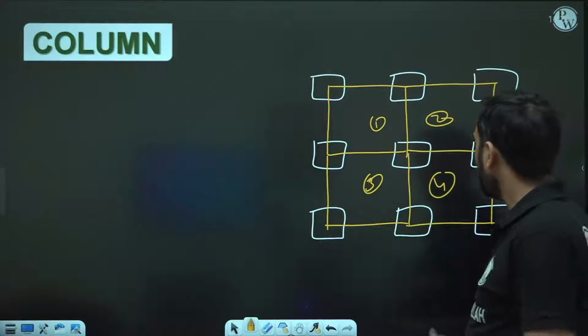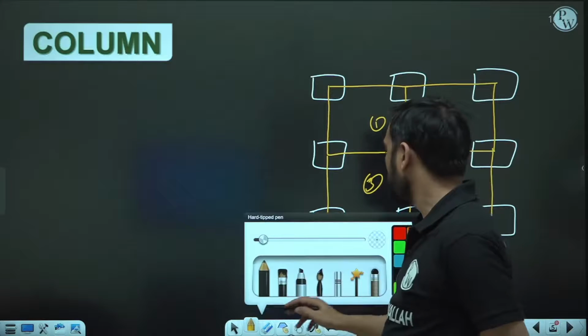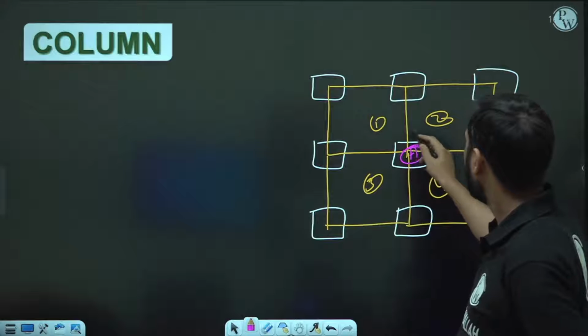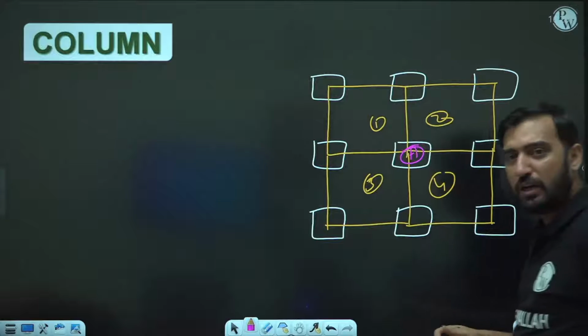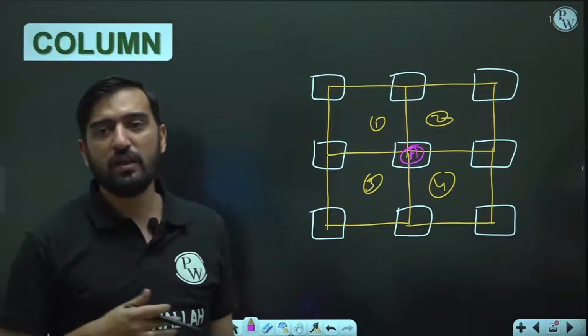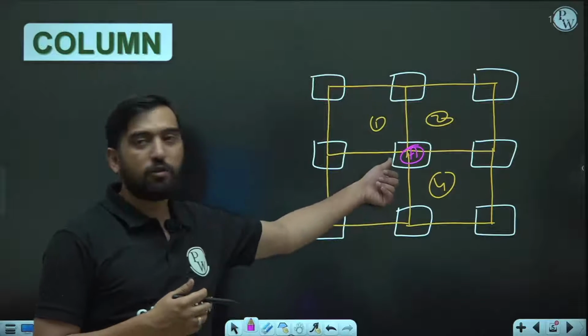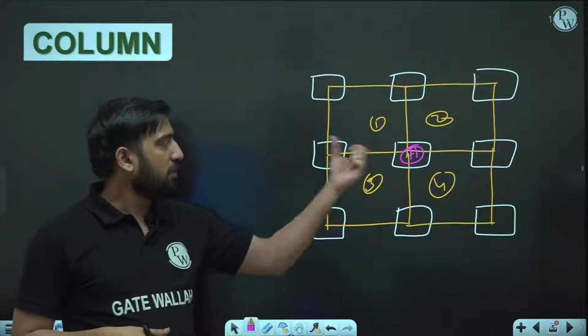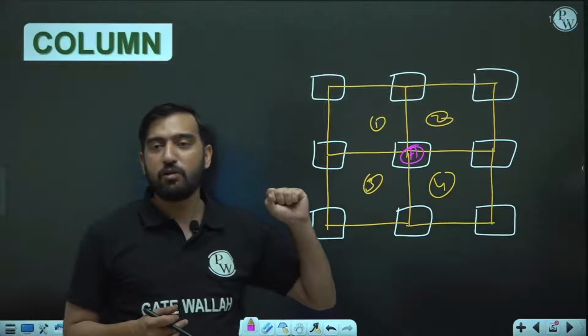You can see that the most intermediate column, like this, is going to have equal load from all the 4 slabs. So more or less the eccentricity for this column A, the interiormost column, is very less. So column A can be designed as an axially loaded column.